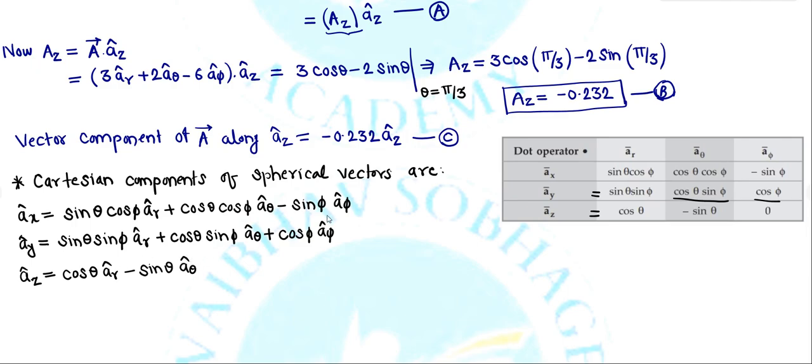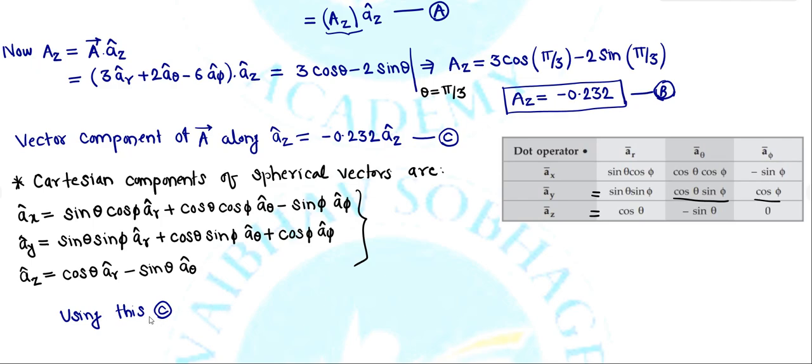These are the Cartesian components of your given spherical vectors, with reference to this conversion table. Now we are going to make use of this within our numerical. Using this, we are going to write our equation, say C. You can put whatever reference for that vector.